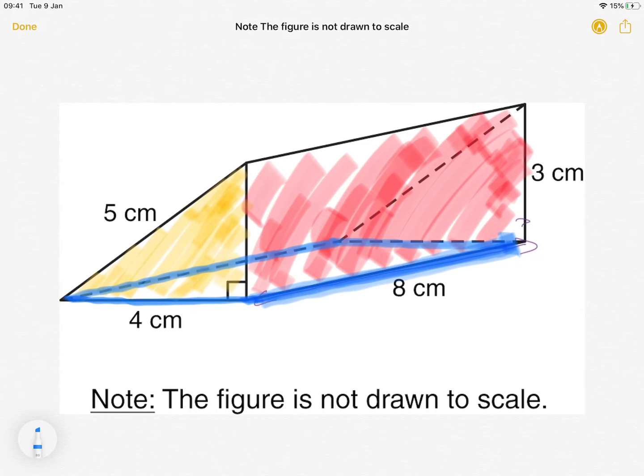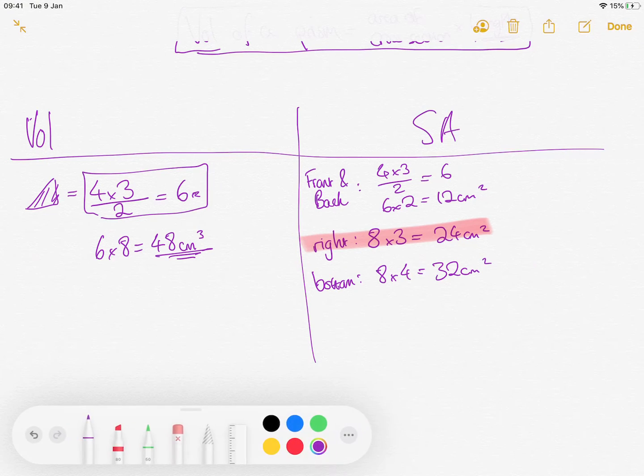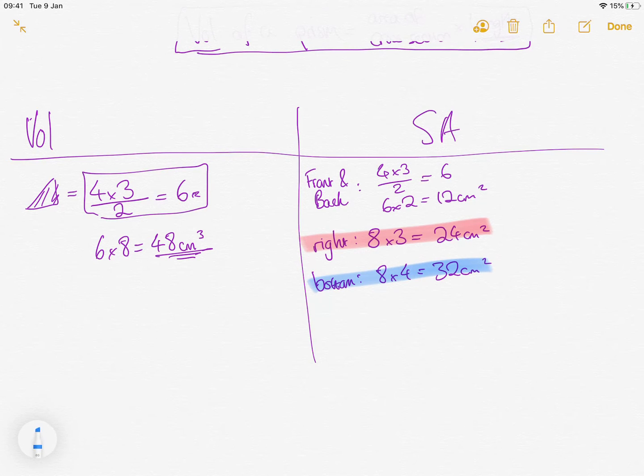So that's 8, and this length is 4. So it's a rectangle of 8 by 4. So to work out the area, I just need to do 8 times 4, which is 32. Again, let's just highlight that for you.